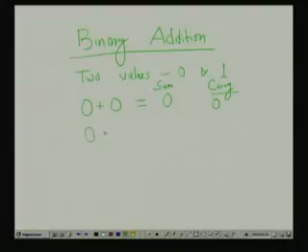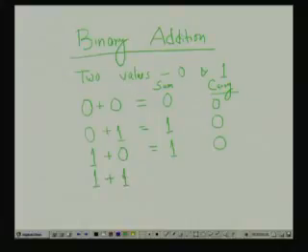Now, if I add 0 and 1, then the sum is 1, carry is again 0. And 1 plus 0 is the same, because it is addition, so the sum is 1, carry is 0. Now, if it is 1 and 1, because there are only 2 digits in the binary system, these are the 4 different additions possible.